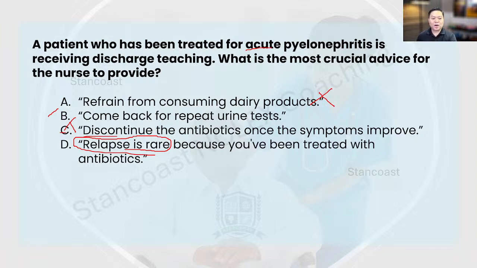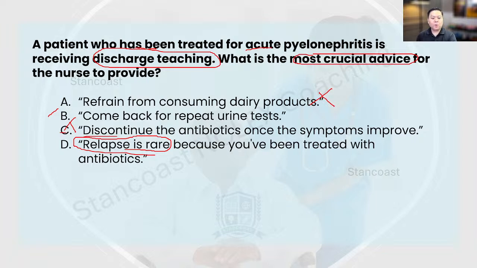Now, what are the key strategies here to answer this question? Again, we are going to focus on the keywords here, like most crucial advice and also discharge guidelines. This will really make you think about what kind of teaching or information needs to be imparted to the patient, something that they really need to understand so that they can manage their illness at home.